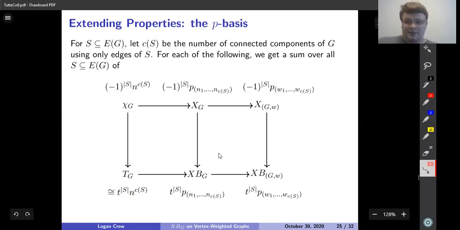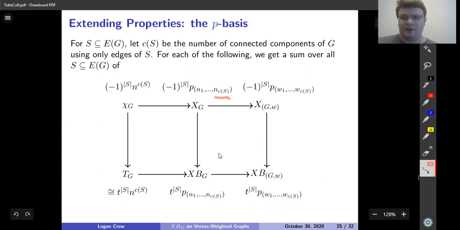If you apply the same deletion contraction proof to the chromatic symmetric function, remember that this p function, p sub n1 up through n something, was the same thing, the chromatic symmetric function, when we had distinct vertices with no edges. And it's the same deal.